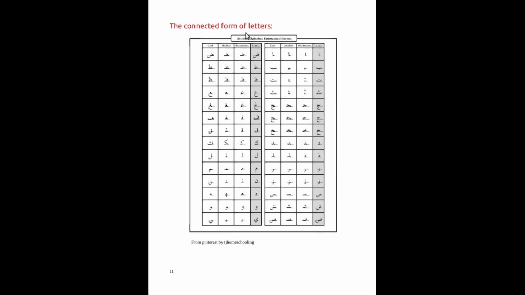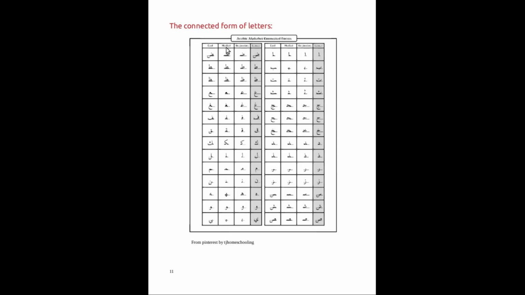Okay, the connected form of letters, you can actually download the book and zoom in here. For example, the letter that she has at the end of the word of her name is this, and the letter that I had was in the middle.